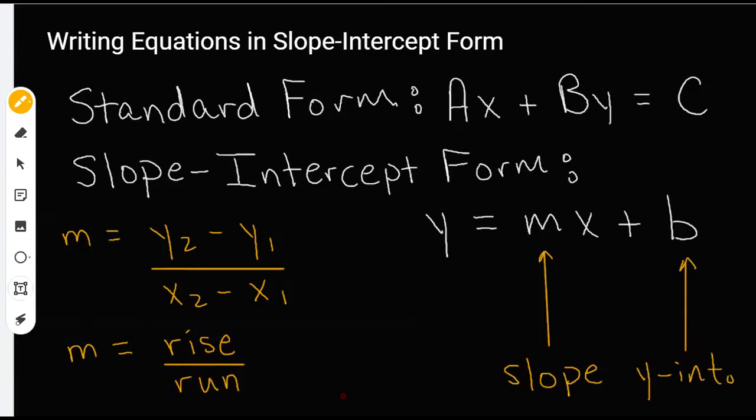So the rise is going to be on top in the numerator. That just means how far up you need to go to get to the next point. But run is going to be in the denominator, the bottom of the fraction. That's how far to the right you need to go to get to the next point. Okay, everybody got this?